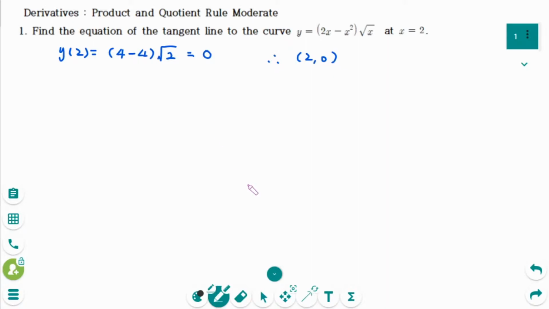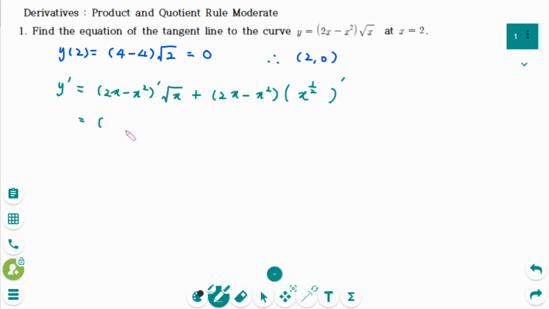Differentiate y, use the product rule. y prime equals (2x minus x squared) prime times the square root of x plus (2x minus x squared) times (square root of x) prime, but we can rewrite it as x to the power of 1 over 2.